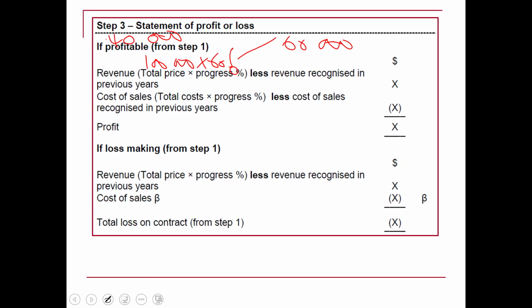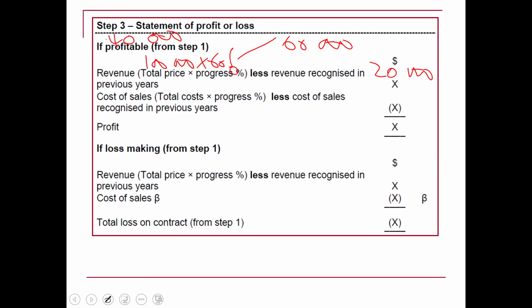That's why we deduct revenue recognized in the previous year, because this 40,000 was already recognized as revenue in the previous year. So if our total revenue is 60, what actually pertains to this year is only 20,000, which is the difference between the 40 we have already recognized and the 60,000 that is revenue earned from the point of inception to date. So total price times progress, less revenue we've already recognized in previous years.